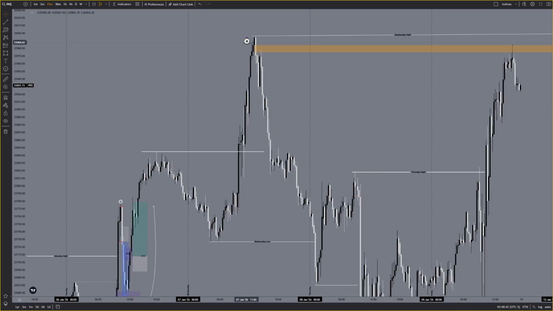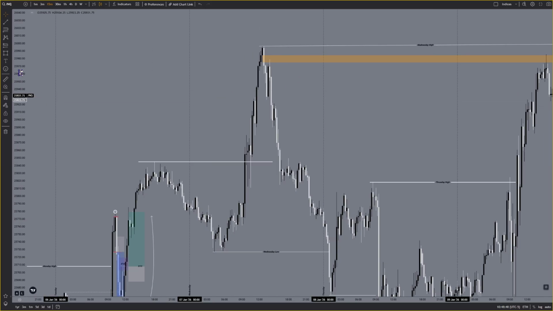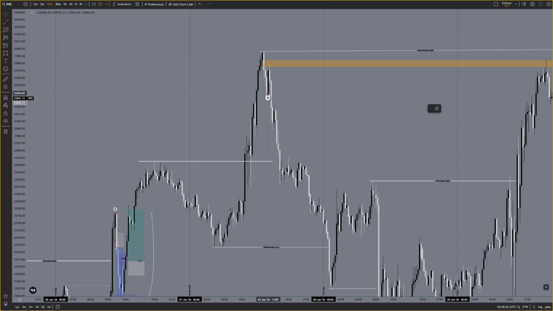So we end up peaking and making the high of the day around noon, and then going into the afternoon session, the market pretty much traded off. Break of market structure, boom. We have a reclaimed order block here, being mitigated.